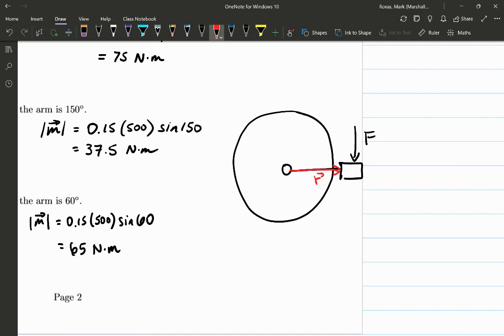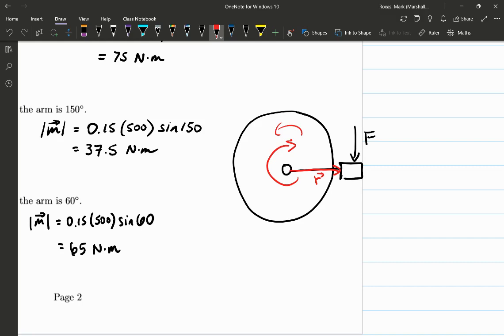What's happening is that the force you apply is generating a moment. So kind of like that twisting motion, the torque on a bolt. It's going in and out of the page. You're either going to be generating a moment that's going clockwise or counterclockwise, and that's how it could be visualized.